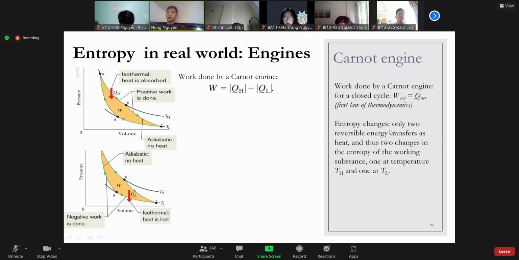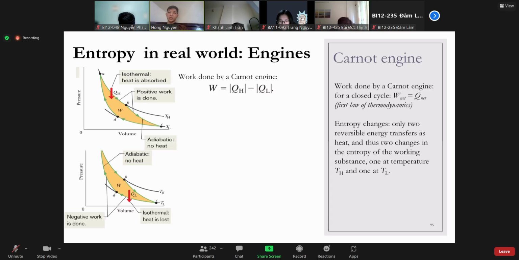This is for the work, okay? How about the entropy change? How about the entropy change of a Carnot engine? So we see that in a Carnot engine, there are only two reversible transfers of heat, right? Because in the adiabatic process, there's no transfer of heat already.